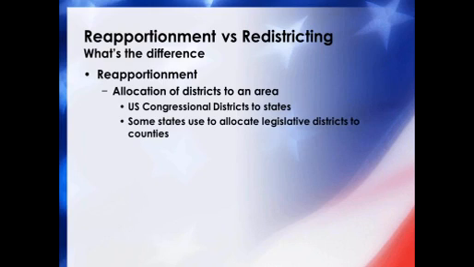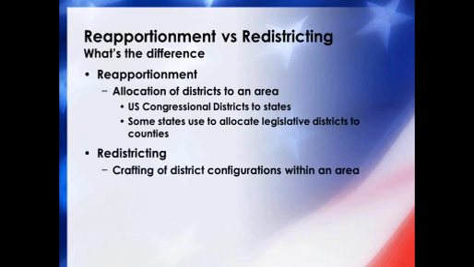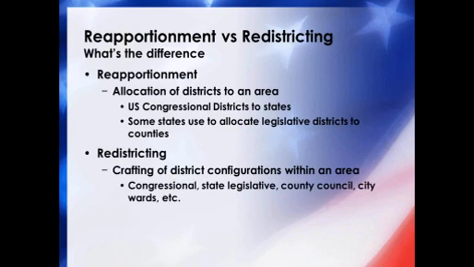That's not as commonly done now, but it used to be. On the other hand, redistricting is basically the crafting of district configurations within an area. So things like congressional districts, state legislative districts, county council districts, cities, boards, all of those kind of things where you have members elected from single-member districts, those are governed by redistricting.